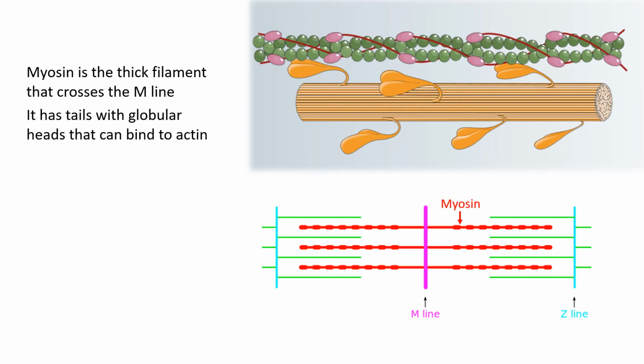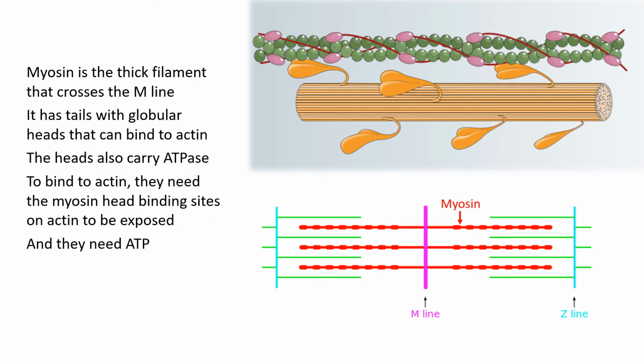They're in a low energy state and they're floppy. These myosin heads also carry ATPase. So what does that tell us? Yeah, it tells us we are going to need to hydrolyze ATP for contraction to happen.